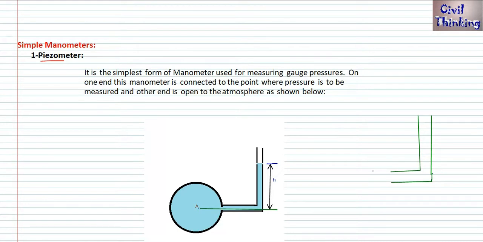Now you can connect it to a water pipe. Like this is the cross section. This circular thing is the cross section of the pipe. You attach one end. Say this is end 1 and this is another end, end 2.